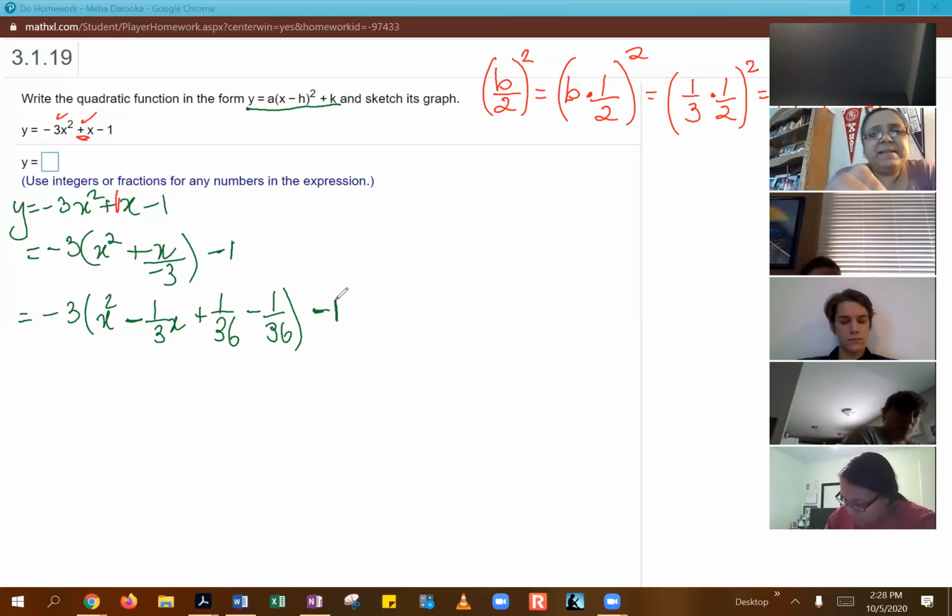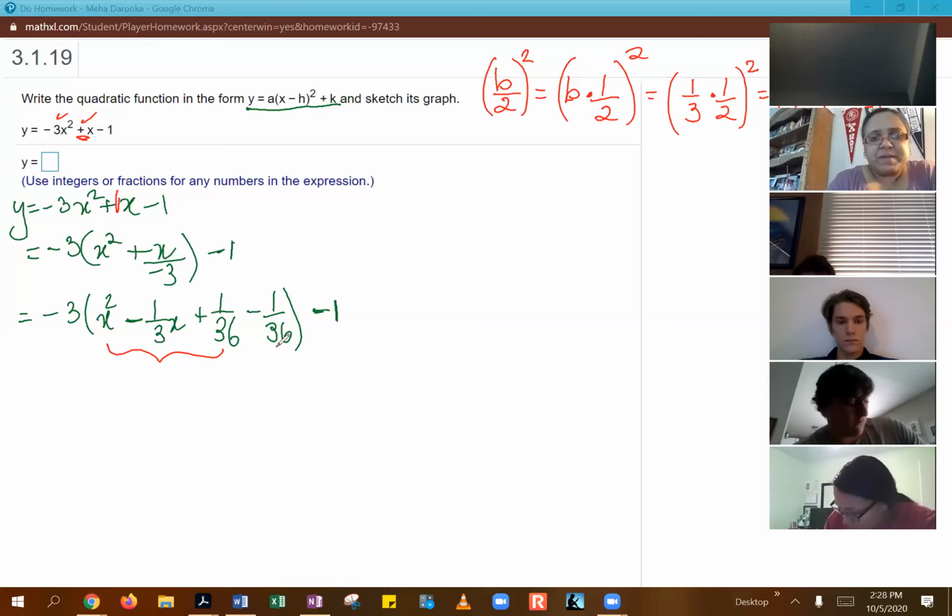Now for completing the square, we actually only need the first 3 terms. We don't need the -1/36. So what we're going to do is bring this -1/36 outside of the parentheses, and to bring it outside of the parentheses, we actually need to multiply it with this -3 in the front.